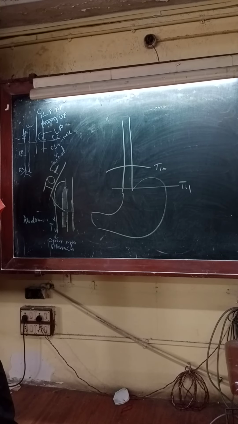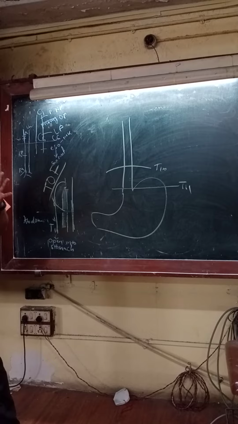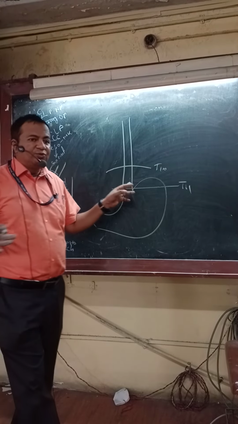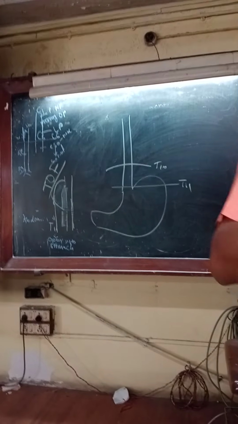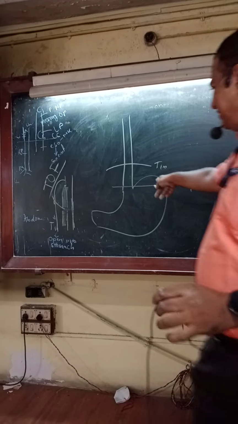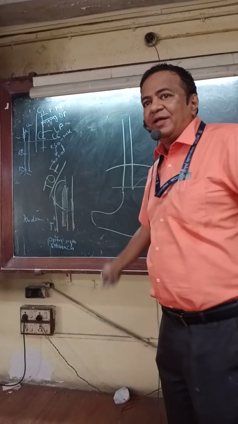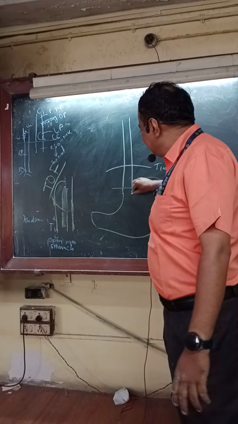No visible sphincter. Physiology they must have taught you, GIT. Now this sphincter becomes loose if a person keeps on eating, and pressure is built. And then after a few years, whenever he eats, the acid goes up.